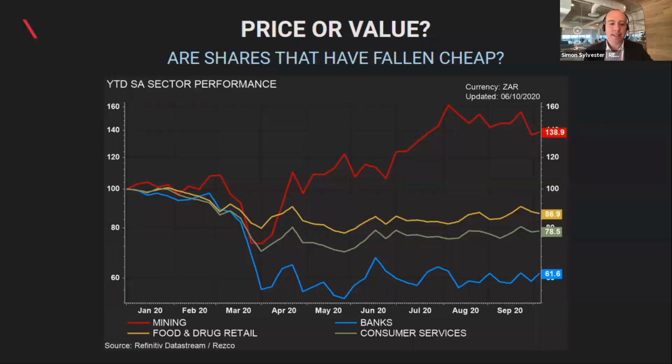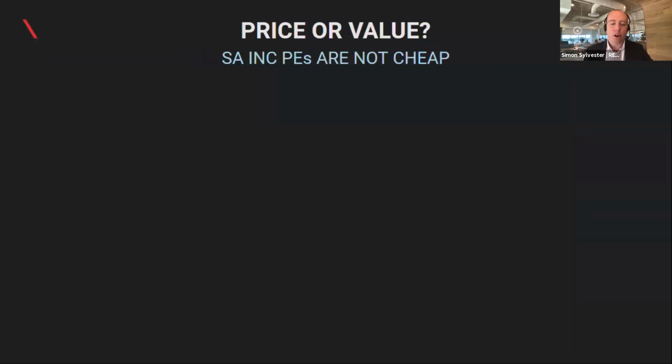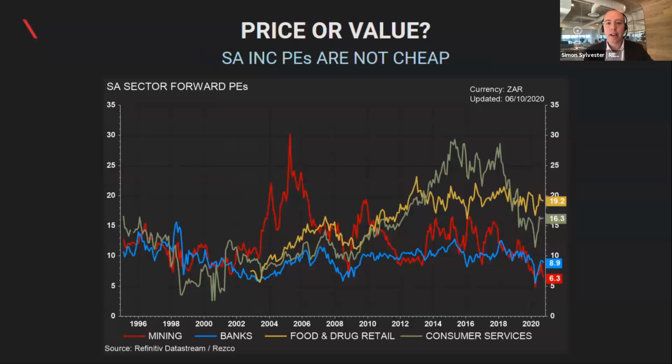But as we know in investing, and on the next slide, share prices aren't share valuations. When you buy a share, you don't pay the price, you pay the valuation. You're buying future earnings, you're buying future cash flows. And what's really interesting, if you look at the red line now, still the mining index, but the PE ratio, the price earnings ratio, you can see that the index that has performed the best year to date has, in this case, the cheapest valuation.